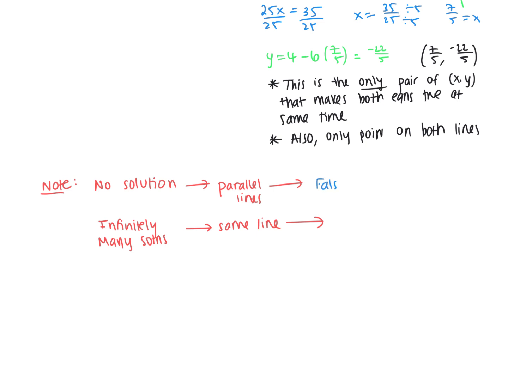You're going to get a false statement, like 2 equals negative 3. If all of your x's and all your y's are gone and you get a false statement, that means no solution. What then about infinitely many solutions? You get a true statement like 2 equals 2. Exactly. Thank you.